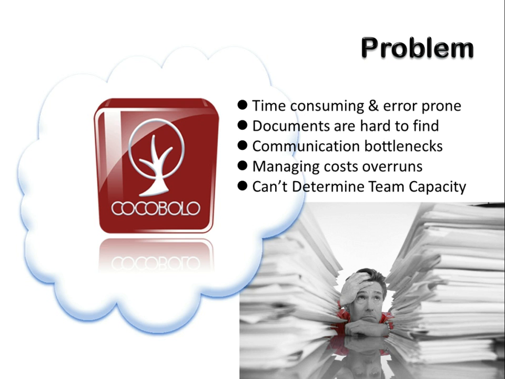And when it came to work that was being self-performed, managing your cost overruns was a big issue. And the reason why that was an issue is because cost overruns really weren't visible until the end of that billing cycle. And I think we can all agree that finding out that you have cost overruns when you're doing your billing is too late. Directly related to that was the inability to determine the capacity of your team.